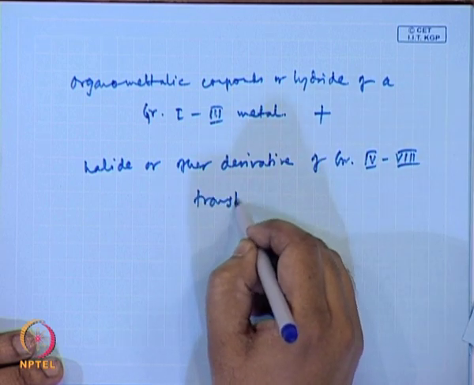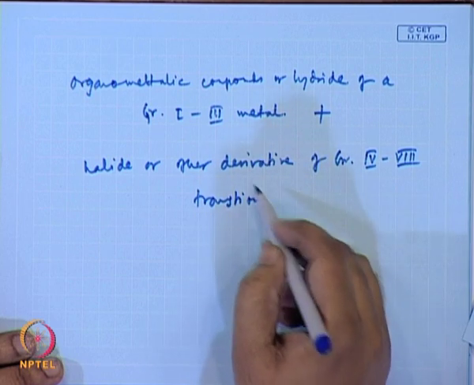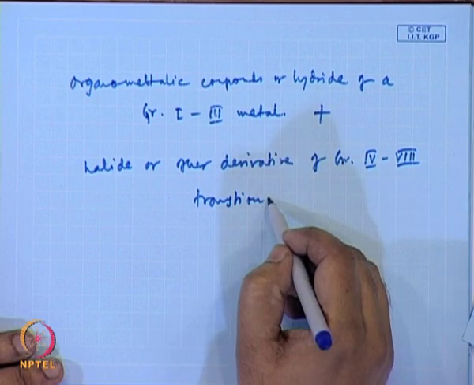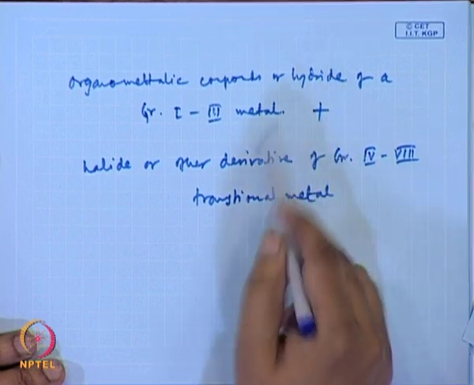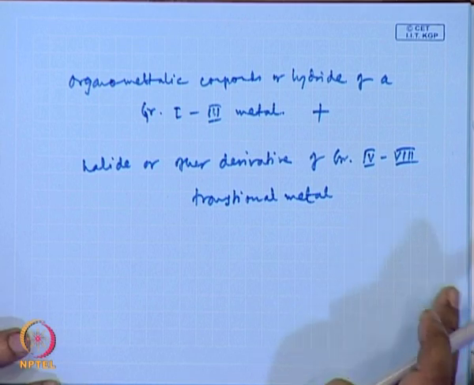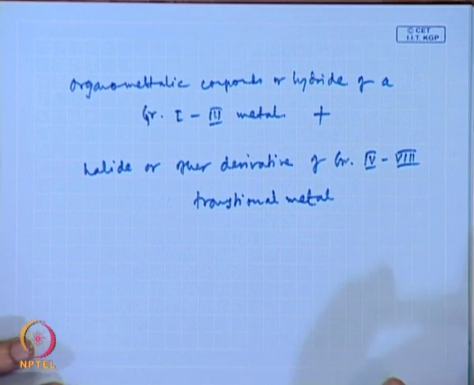So, basically you have to take one from here and one from here and constitute the catalyst, which is generically called the Ziegler-Natta initiator or Ziegler-Natta catalyst.